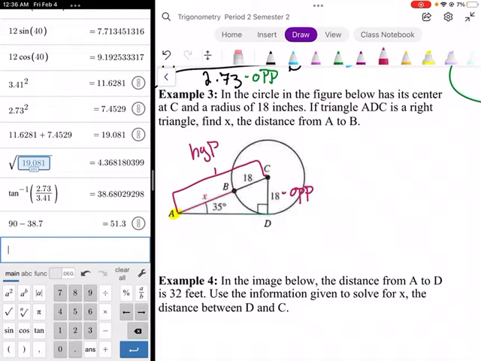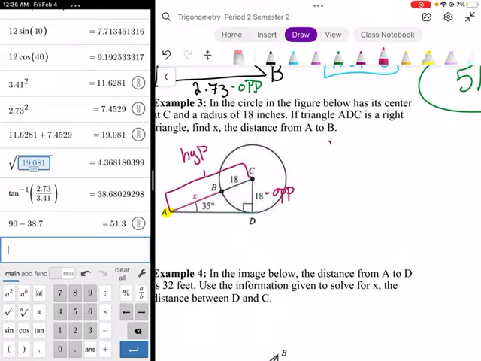So I'm going to go ahead and start this problem by doing the sine of 35 degrees equals 18 over, and we need the full length of the hypotenuse, so we're going to have to take x plus 18.